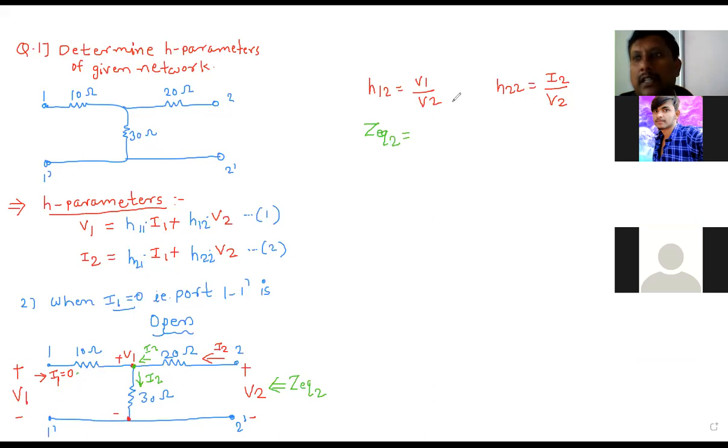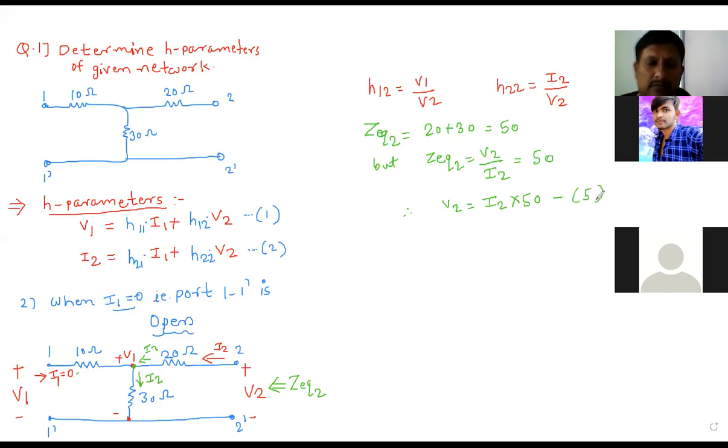So Z equivalent 2 is equal to 20 plus 30, that is 50. What is Z equivalent 2? V2 upon I2. That is equal to 50. Therefore, V2 is equal to I2 into 50. So this is equation number 5, and equation 4 is over.